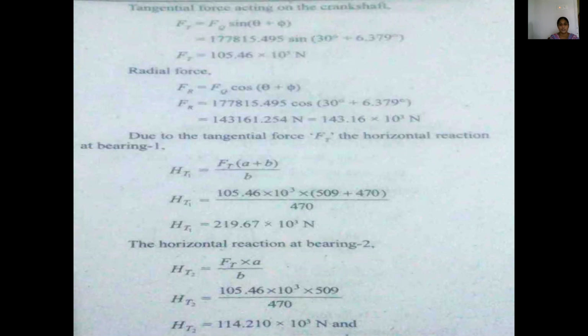Like that, you will find out the horizontal tangential force reactions. The horizontal reactions at bearing 2 you can also find out the same way.